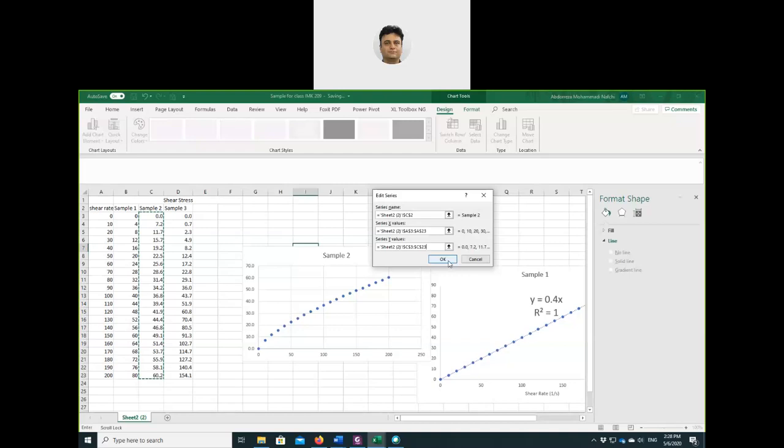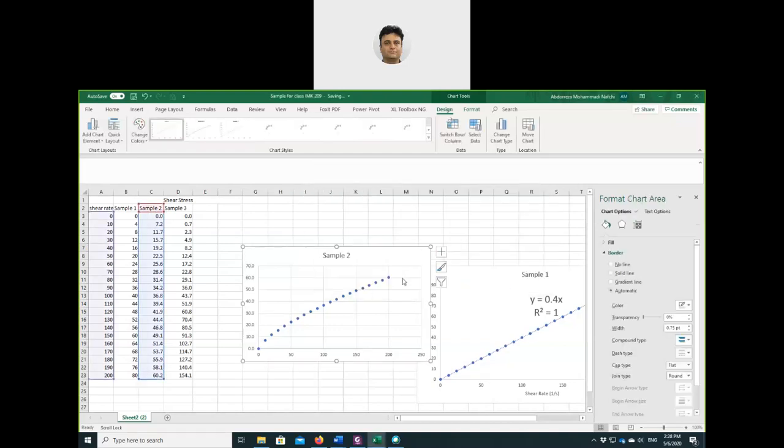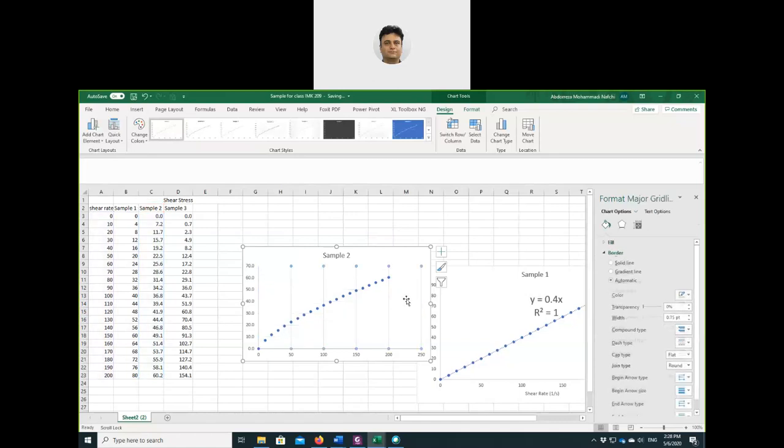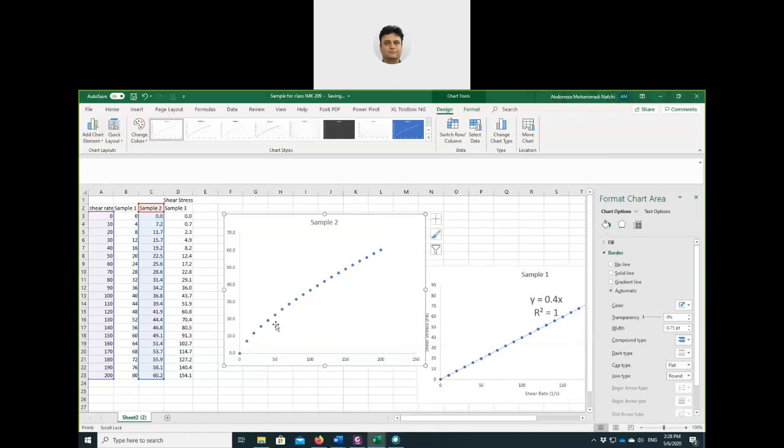Okay, now you can guess this pattern. What's the pattern? You can reply in the chat box.